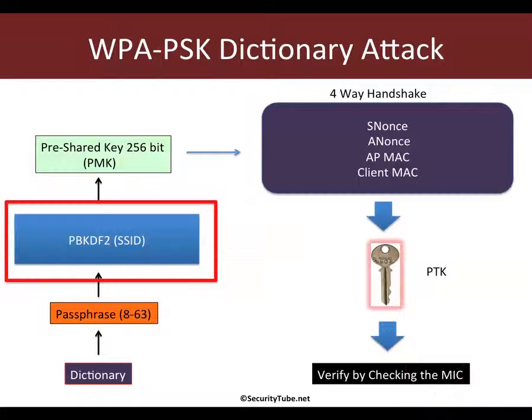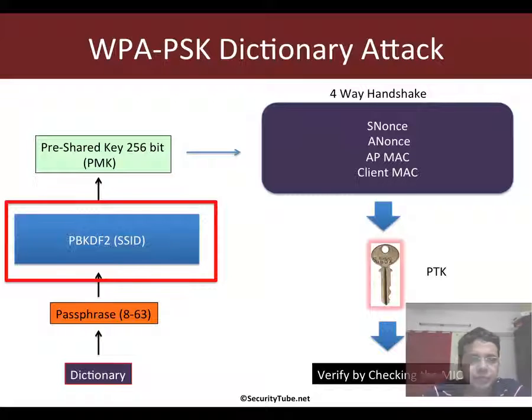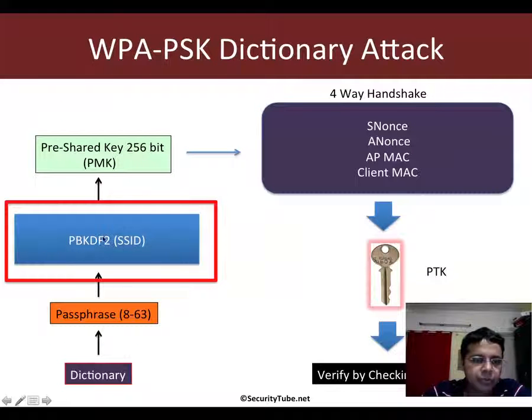So if you remember, in the entire process of the WPA or WPA2 PSK attack, one of the most CPU consuming calculations was the conversion of the passphrase to the pre-shared key or the PMK, right? And the simple reason was, this had to go through 4096 iterations before it would actually give us the 256-bit pre-shared key.